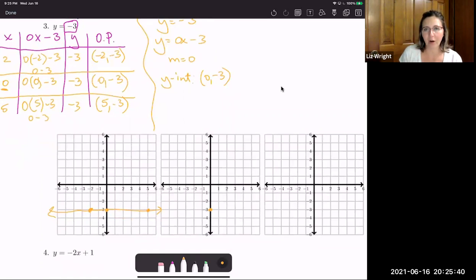And then we've got our slope of 0. So we're going to go up 0, however many over, like we could even express this as something like 0/2. So we could say, okay, we're going to go up 0, right 2, up 0, right 2, up 0, right 2. And then graph your line.